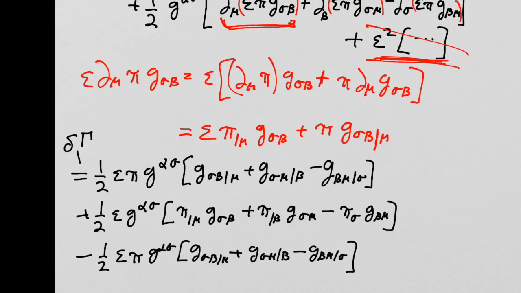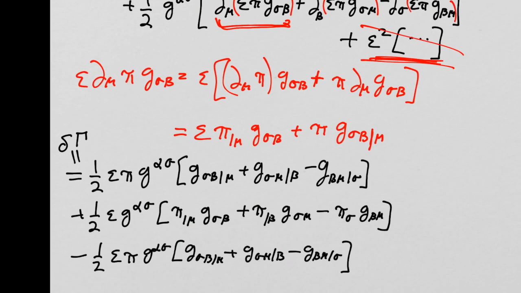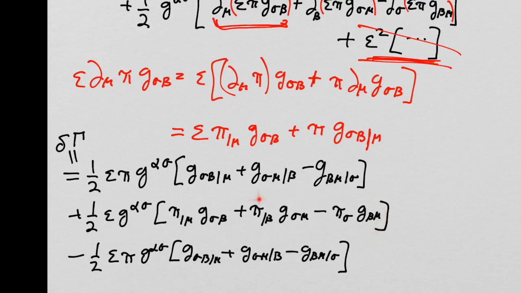And what you're going to get now is that the variation in gamma, these three terms blow out, right? These three terms, once you expand, so you have this term already, and this guy's going to blow up into two separate combinable terms, and that's this one here that contains these derivatives of pi, and this one here which contains pi times the derivatives of g, right?